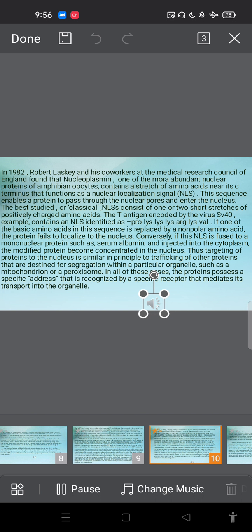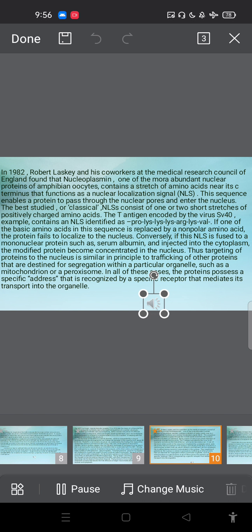This sequence enables a protein to pass through the nuclear pores and enter the nucleus. The best studied, or classical, NLSs consist of one or two short stretches of positively charged amino acids.